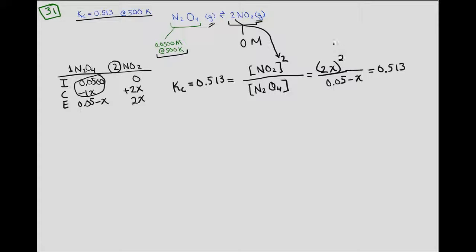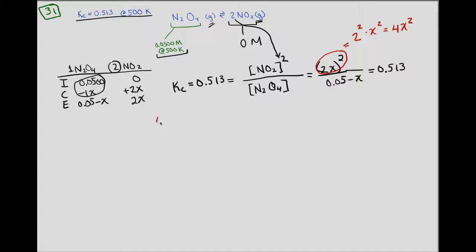Now, right away, let's go ahead and simplify this. So that equals 2 squared times x squared, which is 2 times 2 is 4 times x squared. Now I'm just going to rewrite this whole thing down here so we can actually work it.